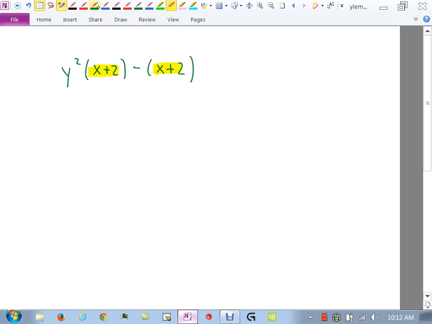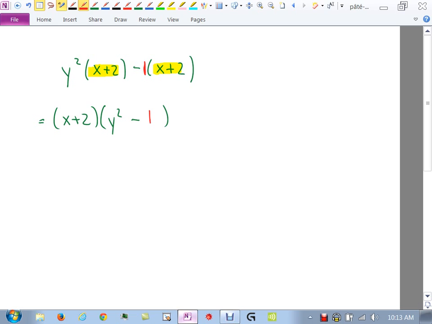Just pull that out. What do we have out front here? x plus 2, right? And then in the other set of parentheses, y squared minus 1, right? Very important that you see that that was a 1 in front there. Do you all see that? Are we done? No. This is the difference of squares.